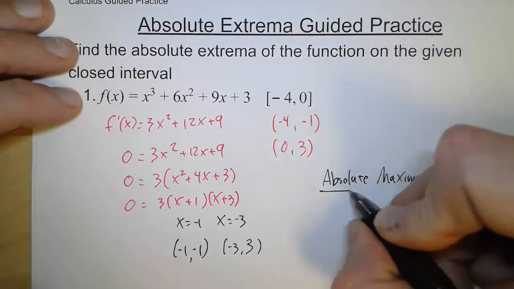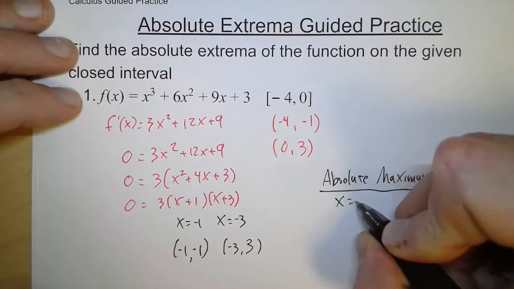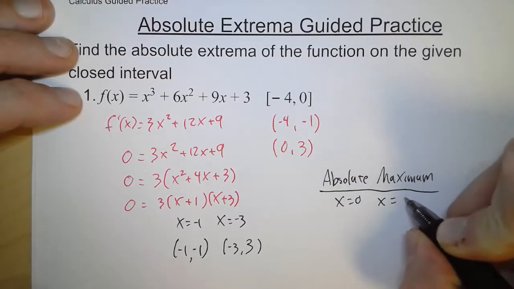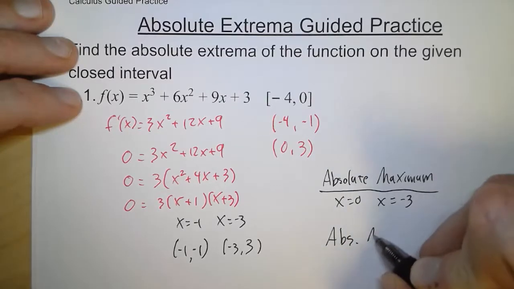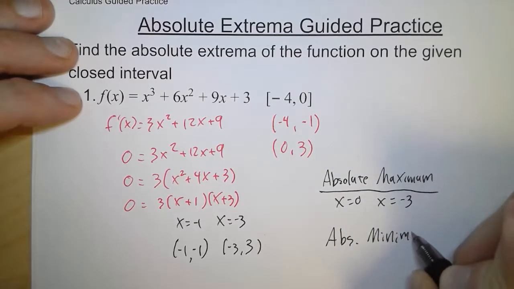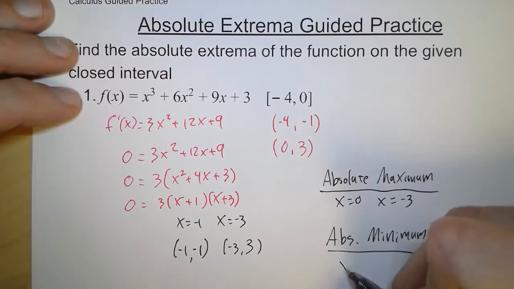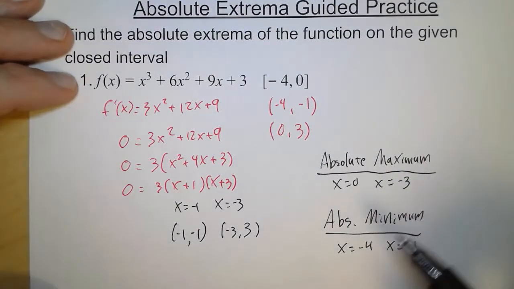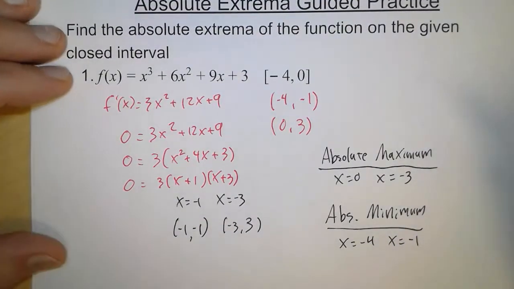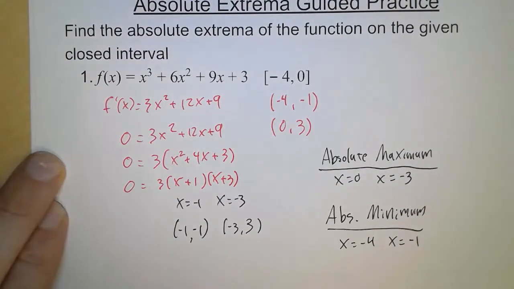For the absolute maximum, our x values are 0 and -3. And for our absolute minimum, we will get x equals -4 and x equals -1. This is how we find absolute extrema on an interval.